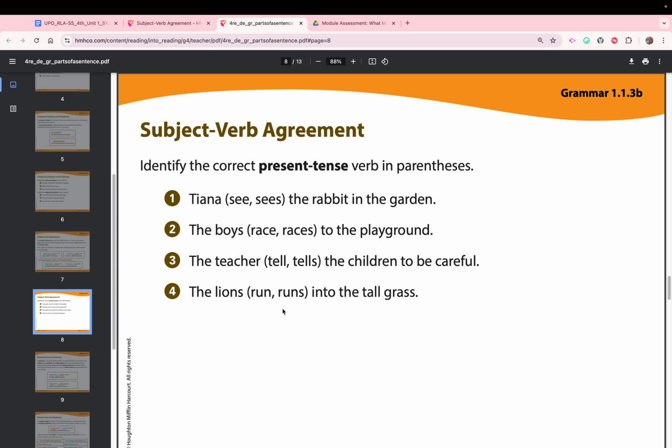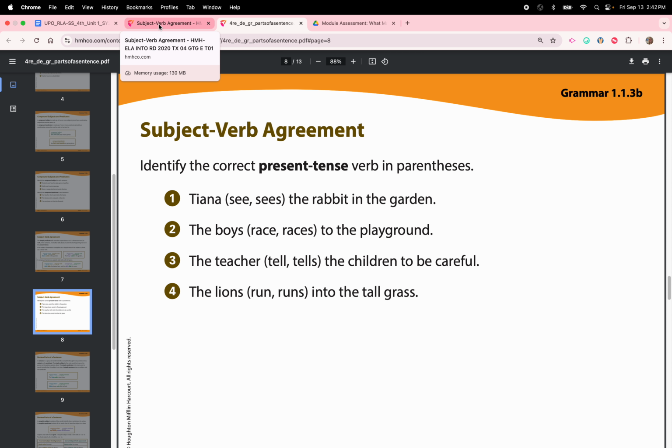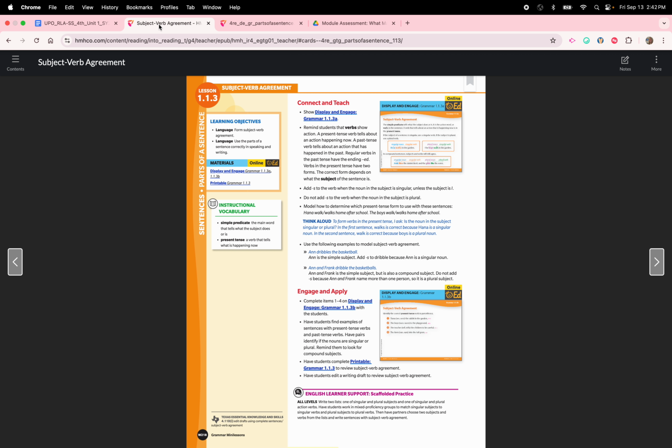I could have them work in a partner pair and figure it out and talk through the sentences and read the sentences and choose it. And then I could have them go write it down in their journal or on just a sheet of paper to turn in. That is a very low-key way to get that done.